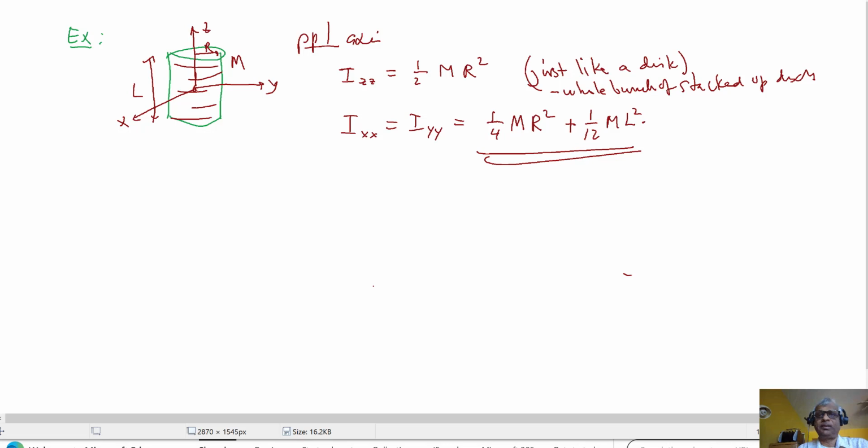Okay, change my mind. I'll probably just do it now. You can see that for any element here, you can look at a small piece at say x, y, z of size dx, dy, dz, and try to do it in cylindrical coordinates.